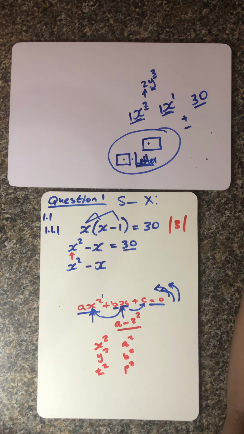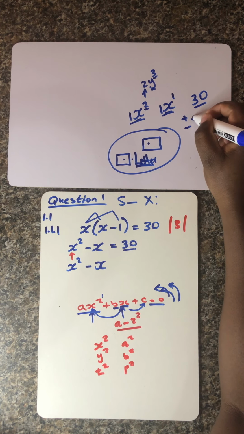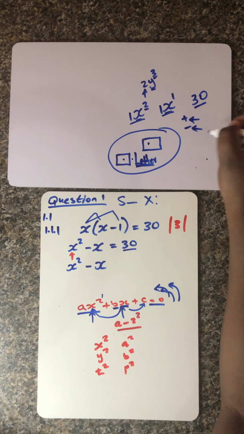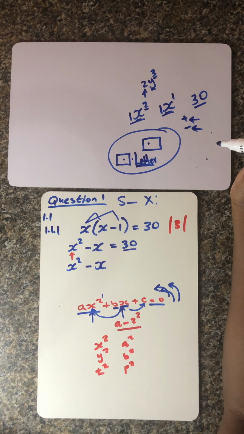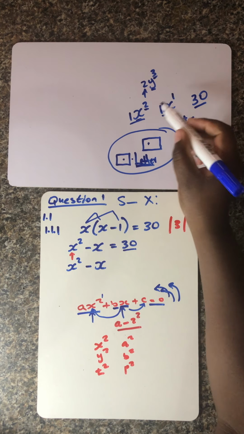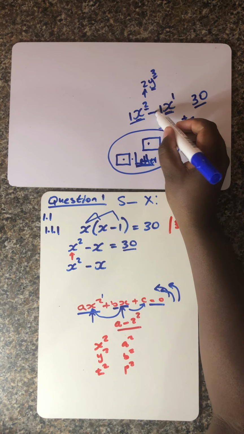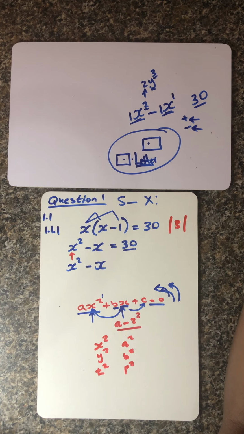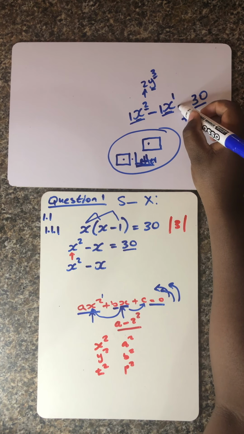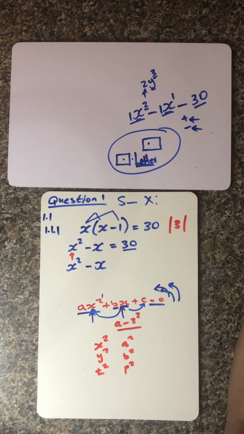A term is separated by a sign of positive or minus. That's why, in most cases, you'll find that maybe you have a minus sign over there, and you can still have a minus sign over there.